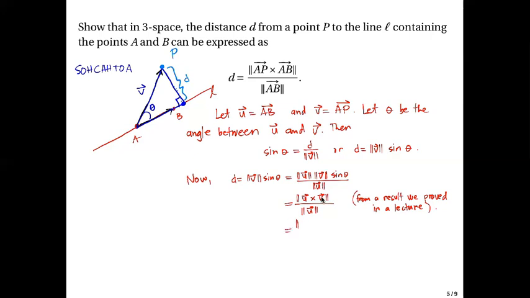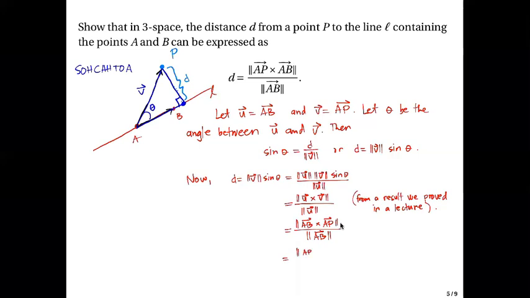But anyway, we'll just have the norm of AB cross AP divided by the norm of AB. As I have said, you can interchange the two factors because you are taking the norm anyway.